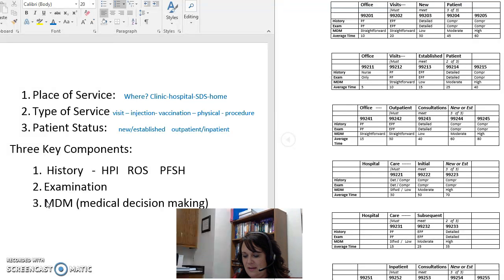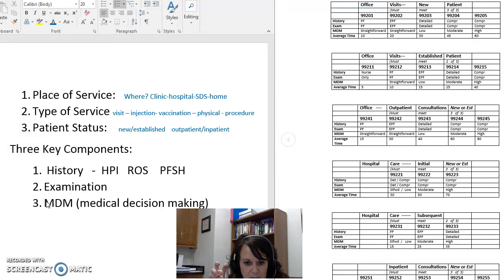You can see the red heading there that says new patient. Under new patient, 99201, 202, 203, 204, and 205 are our codes to pick from. So if we are in the office and it's a new patient visit, these are the codes that we get to pick from. And then we need to find our levels. And as you can see, we made note on these.